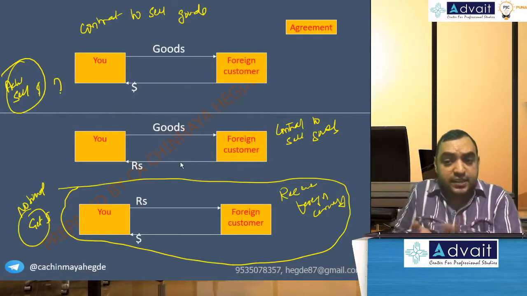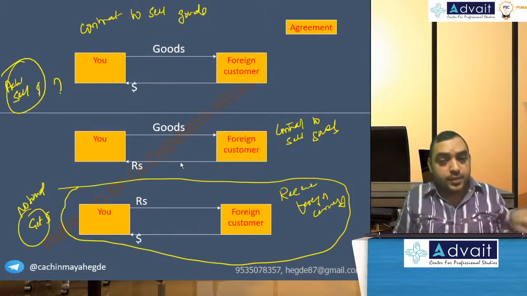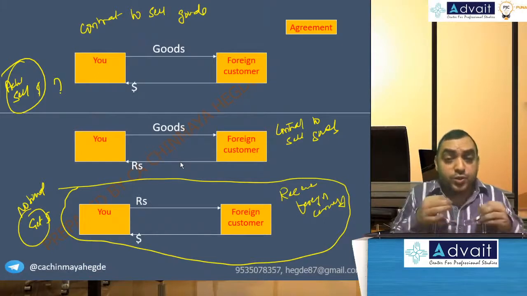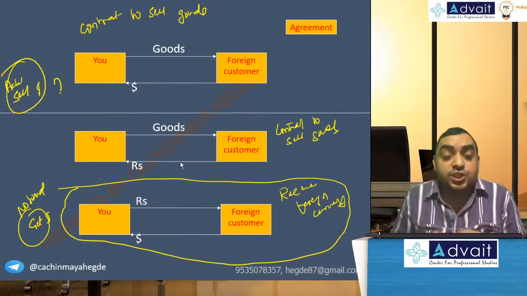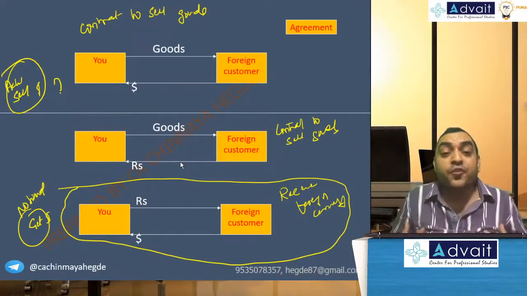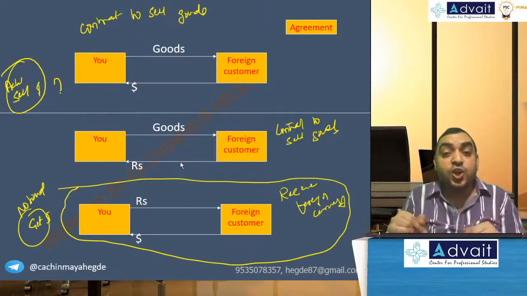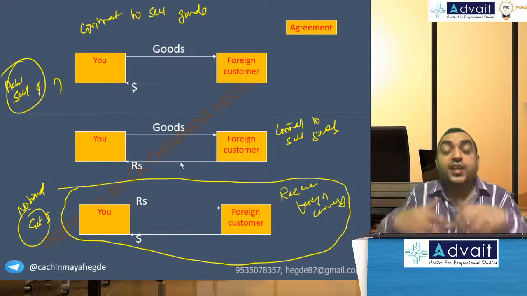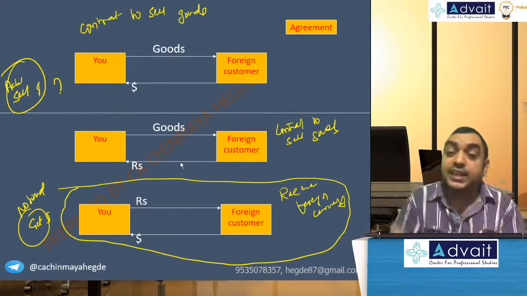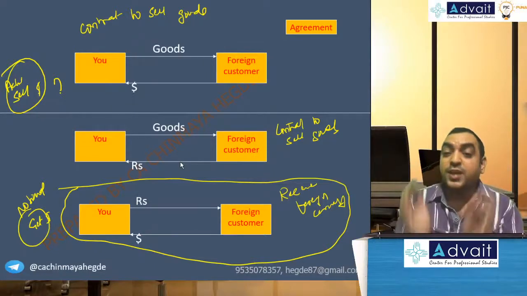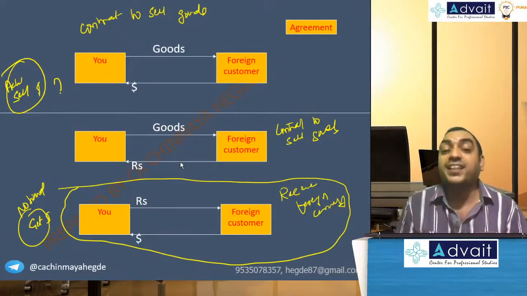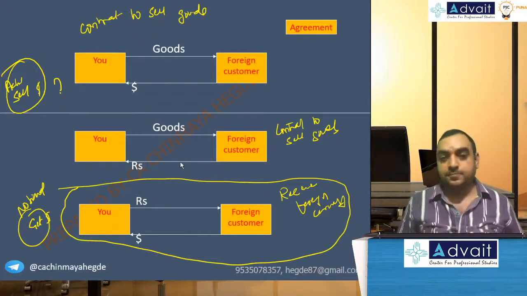Dollars once I receive, I have to sell in the market. So my position is still an unhedged position. I have not done hedging because nowhere did I commit to the price. My contract does not mention the rate. So my position is still unhedged. I still have risk.